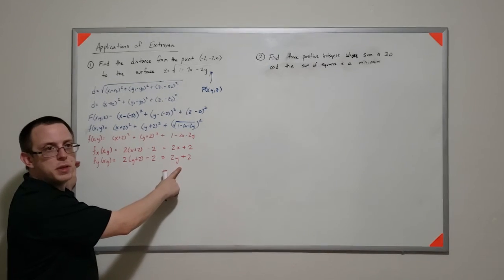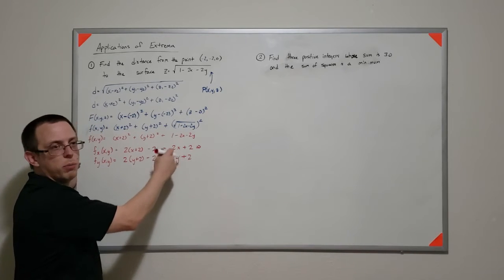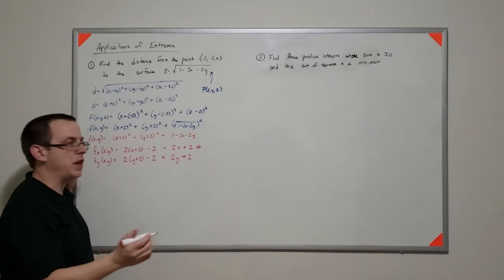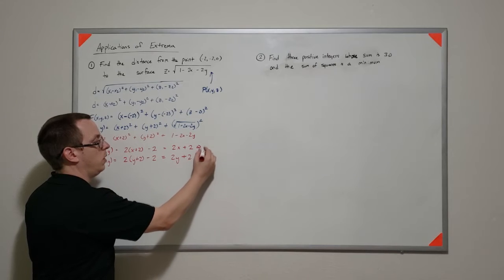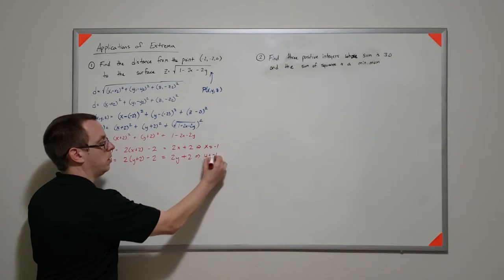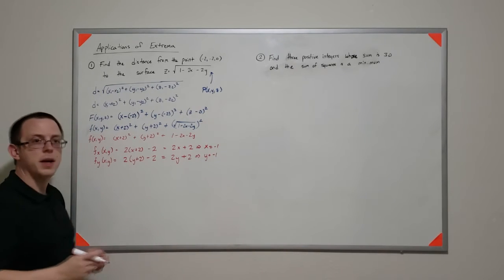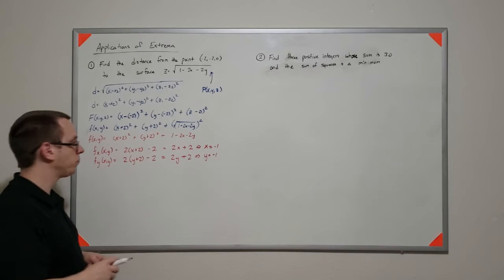So I need these to be set equal to 0. Well, x and y aren't both in here, so we get off easy. We can just solve for each one individually. x and y are -1.